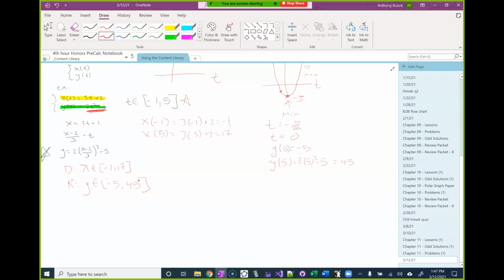Oftentimes it's going to help to draw a little picture of like a t-x graph and a t-y graph, like I've done there, to help give yourself some intuition, particularly if symbolically you're not super strong, but graphically you're like, if I have a picture, I can figure this out. Sketch a quick picture, right? It doesn't have to be super accurate. Like I didn't plot any points or anything to do this. I just thought, what shape is it? What's it going to kind of look like? And then penciled something in there and was done, right?